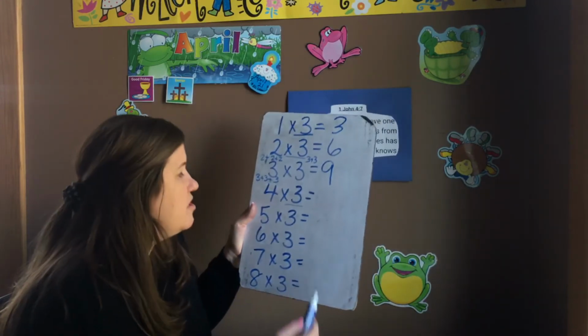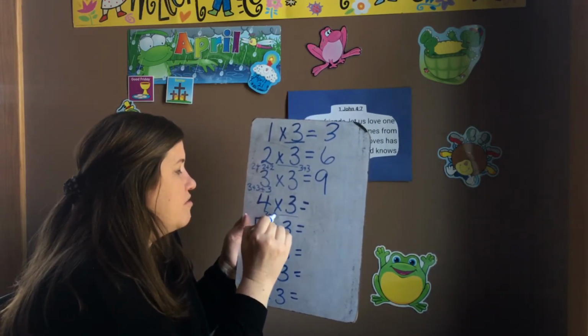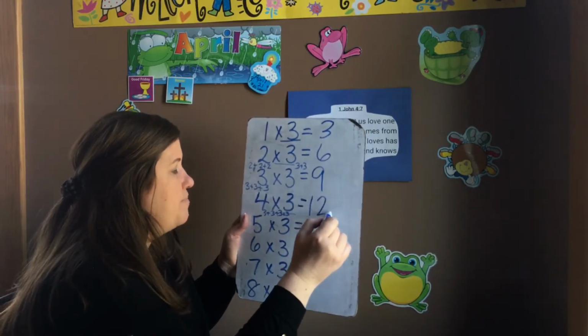I think it wants you in our book to do 4 groups of 3. So 3 plus 3 plus 3 plus 3, and that is 12.